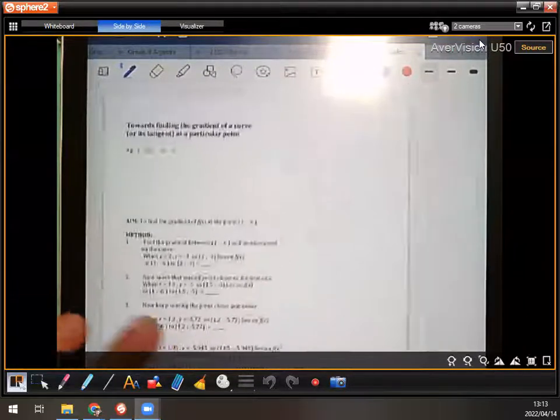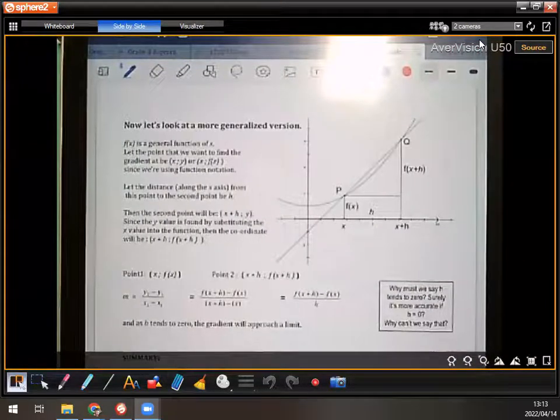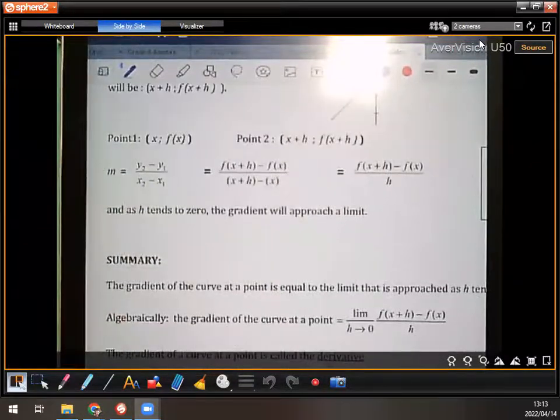So guys, all of that stuff where you're working with the graph and you're finding a gradient, it's all going to end up, if you look at the very last line on the back of that page that I handed out to you, it says the derivative is equal to, and then there's a formula. We're going to be working with that formula.